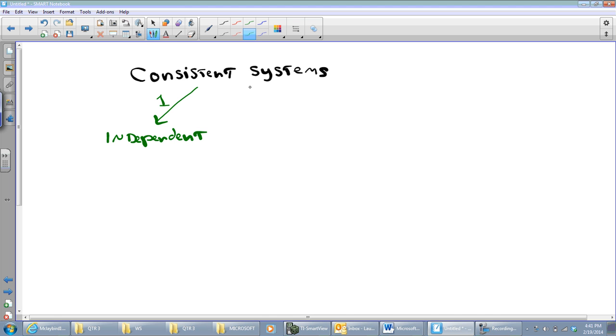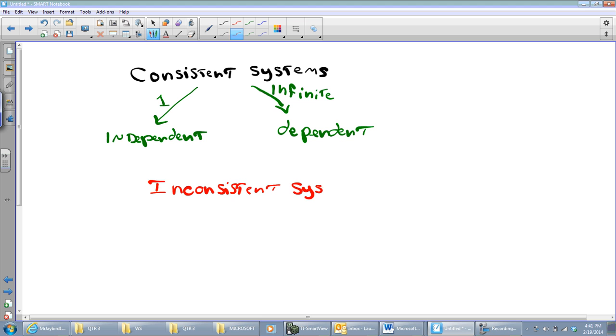If they have infinite solutions, then they are said to be dependent, right? This is another way to organize our thoughts. And then we have the inconsistent systems. And those are the ones that have no solutions.